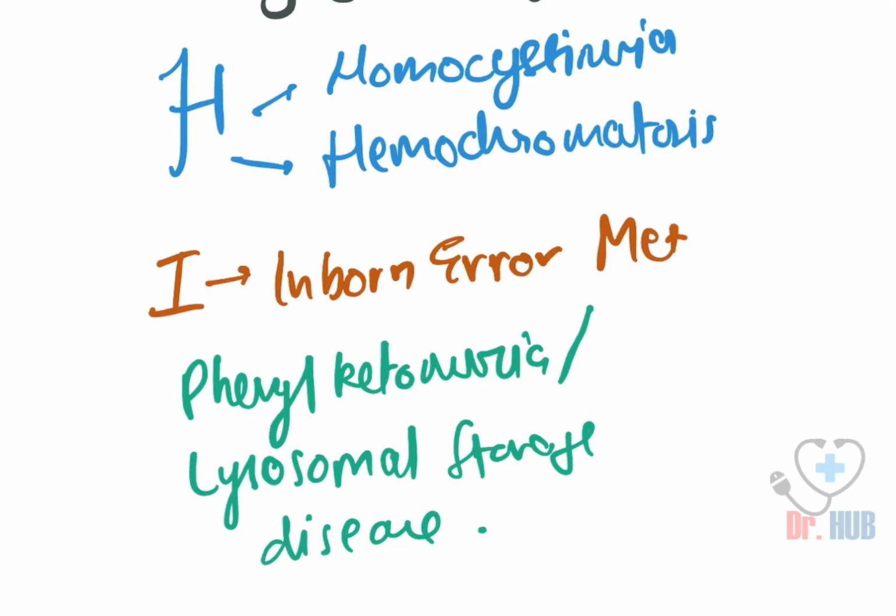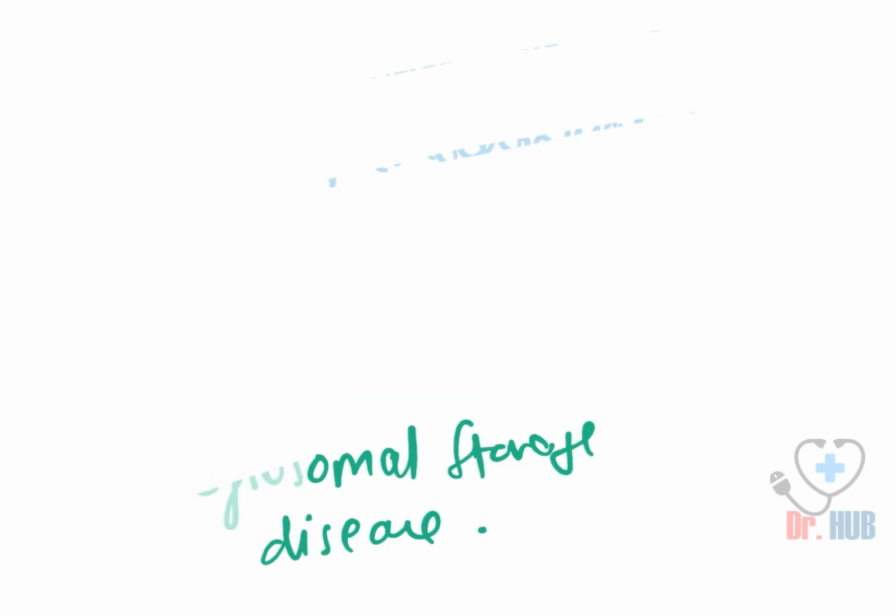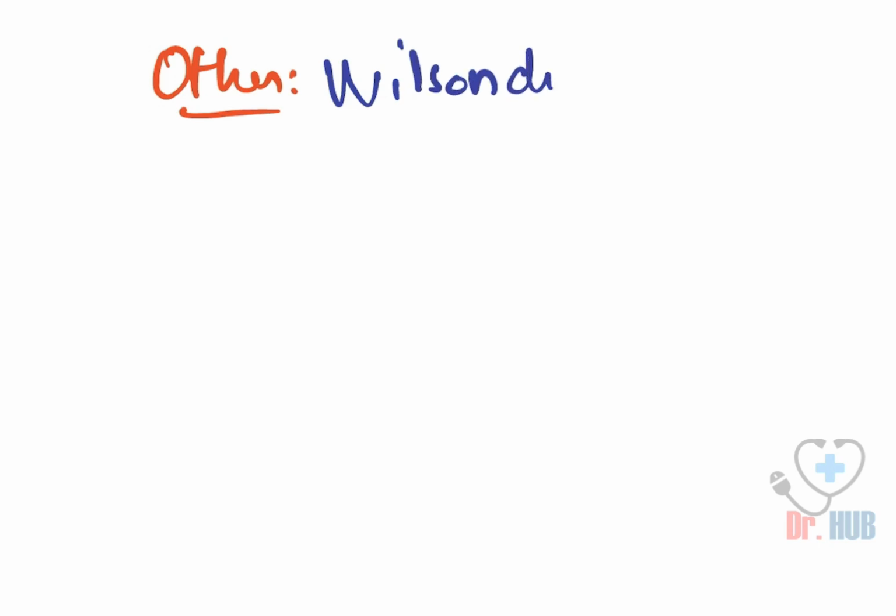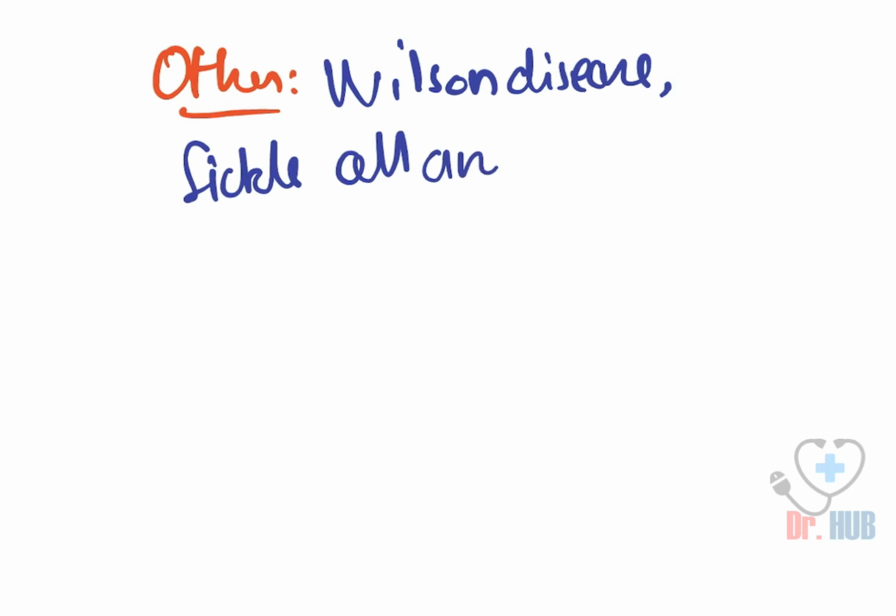So in case of the autosomal recessive, there are some miscellaneous conditions. So the other conditions include Wilson's disease. Next, sickle cell anemia as well as thalassemia.